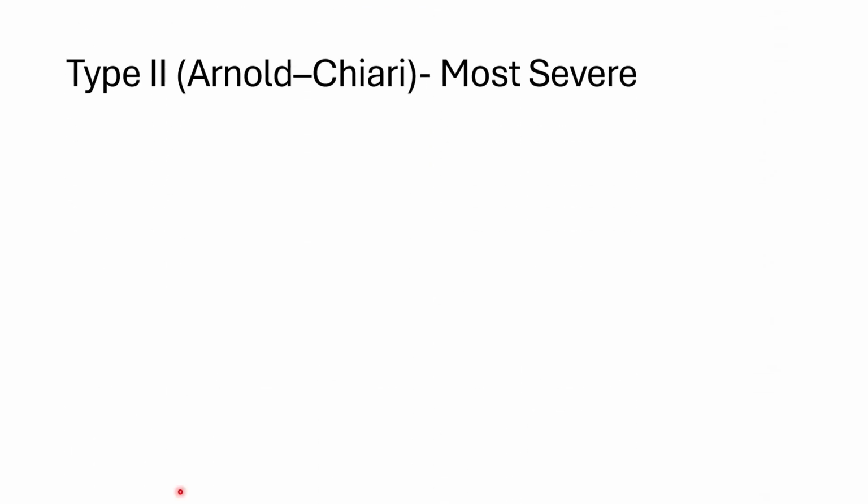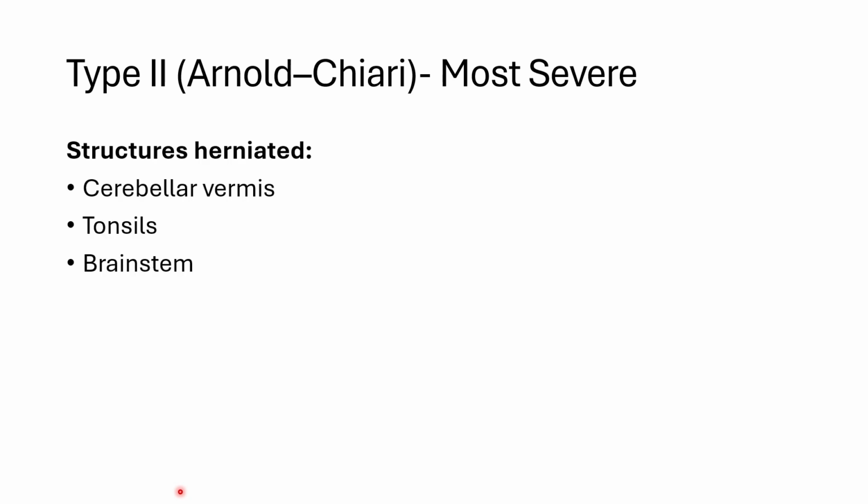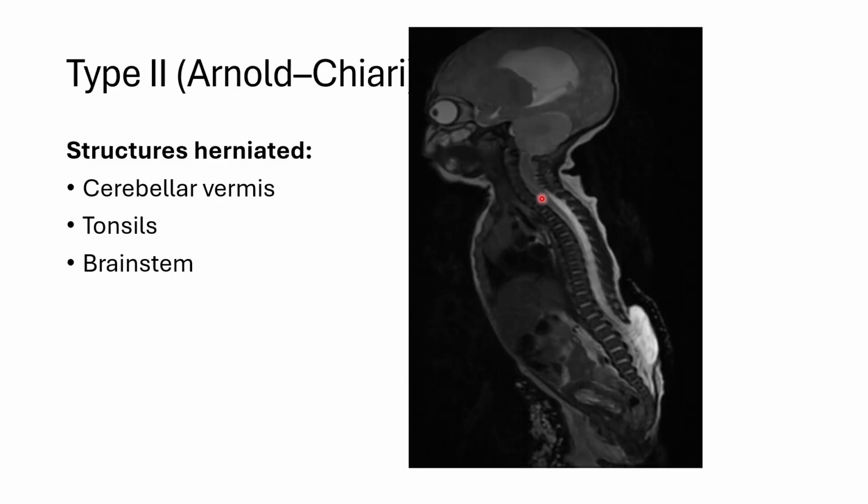Type 2 Arnold Chiari malformation is the most severe type, and it is almost always seen in children. Structures herniated are the cerebellar vermis, tonsils, and brainstem. As we can see here, the posterior fossa is small, leading to herniation of the cerebellar vermis along with the cerebellar tonsils and also downward descent of the brainstem.